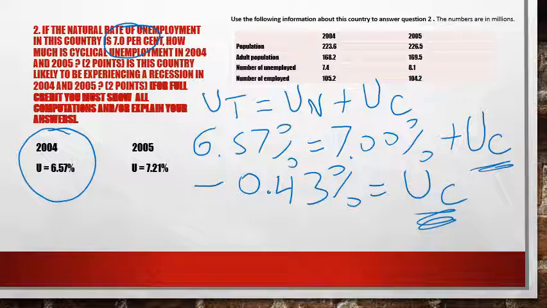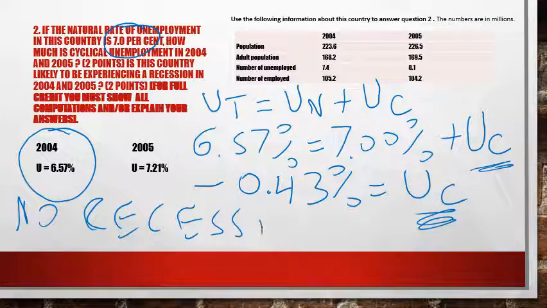But since, from a mathematical perspective, cyclical unemployment is 0 or a negative number very close to 0, our conclusion is there is no recession in year 2004. Now let's move to year 2005.